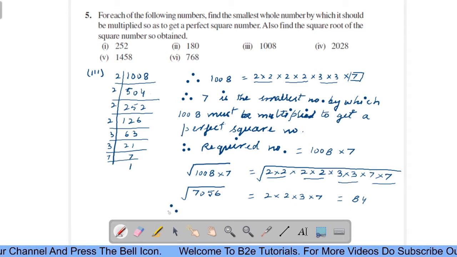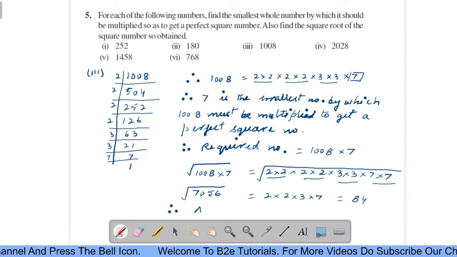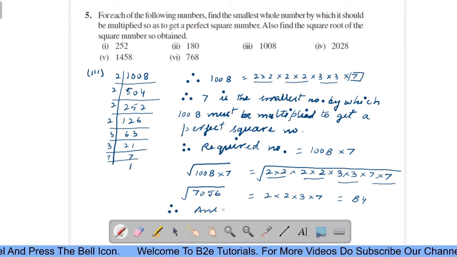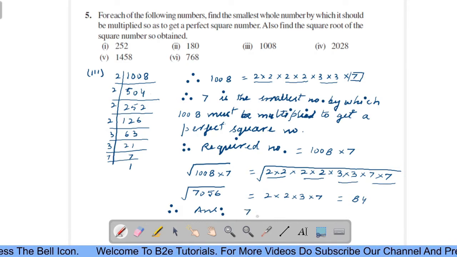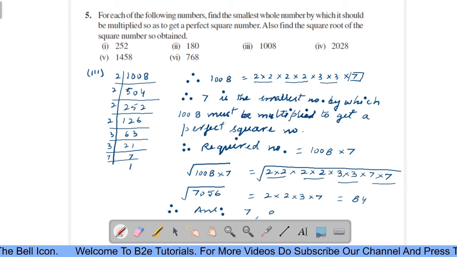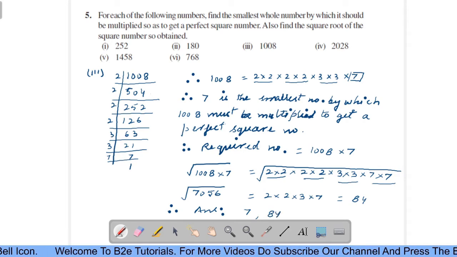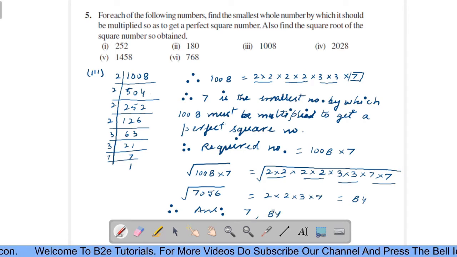Therefore, your answer is, the smallest number is 7 and the square root of required number is 84. Now come to next.